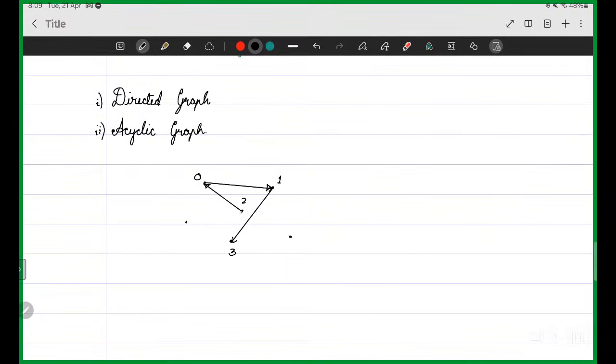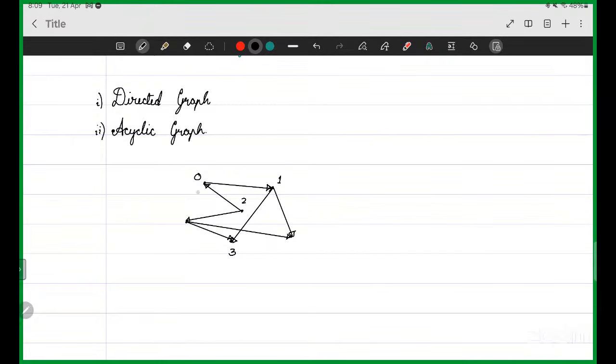All right. Maybe we'll just keep this as our example. So this is a directed graph.